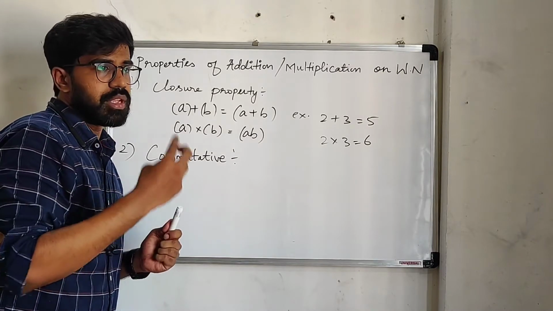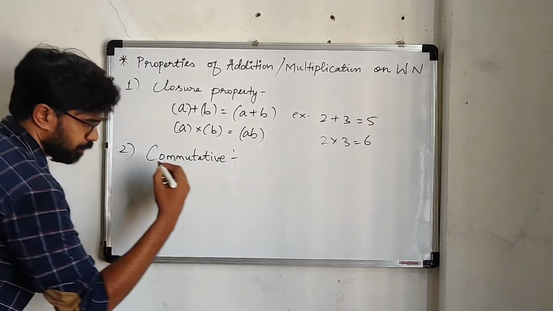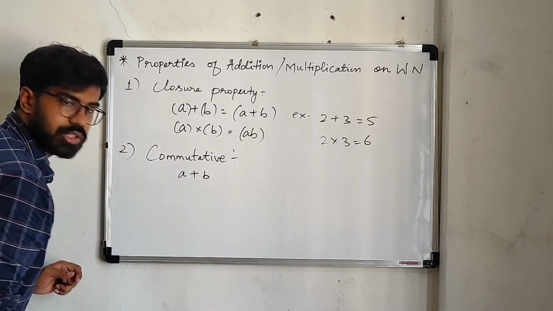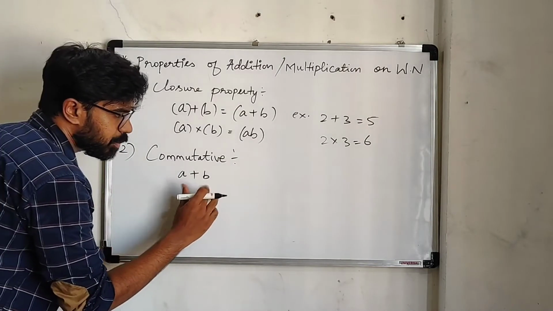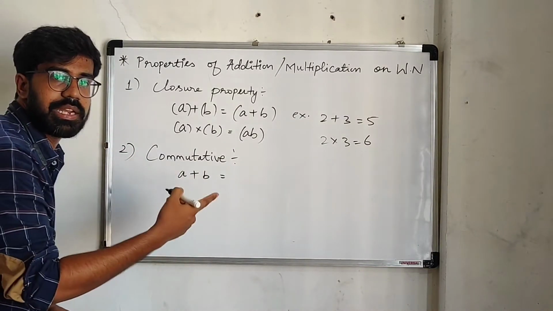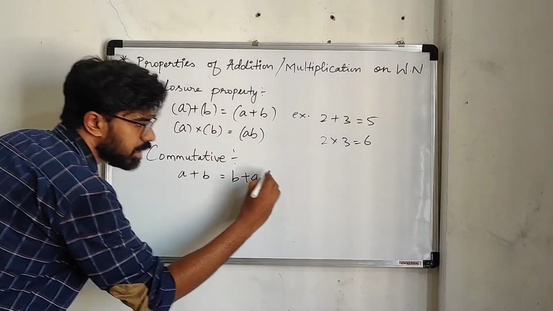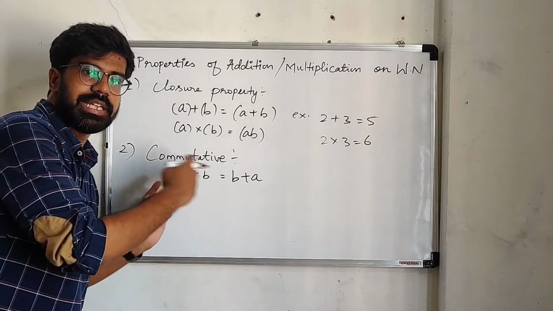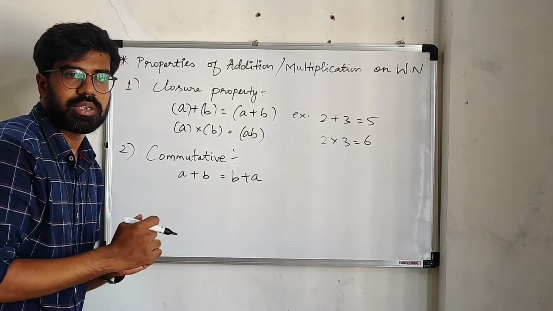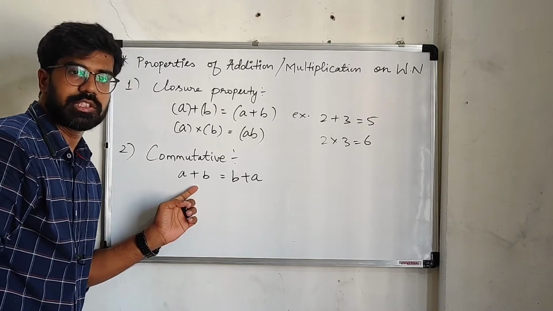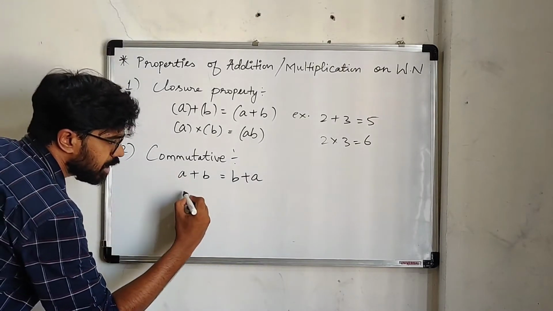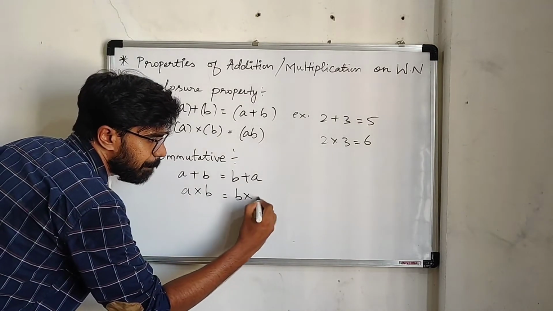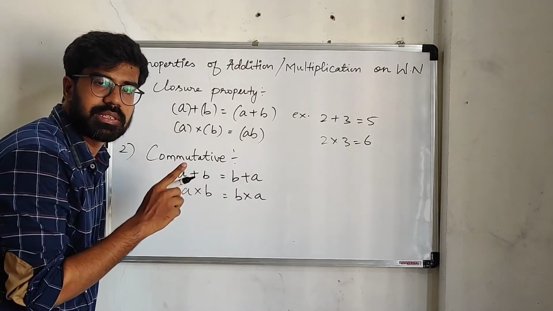If you have any two whole numbers, say A as one whole number and B as another whole number, and you add them, A plus B, it doesn't matter, my end result is going to be the same as B plus A. So A plus B is equal to B plus A. If you change the order, your answer is going to be the same. This is not only in case of addition, it's the same in case of multiplication as well. With the same whole numbers, A into B, I can also write it as B into A. My answer will still be the same.